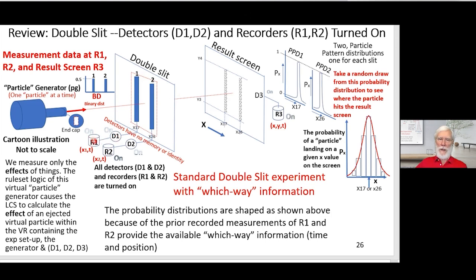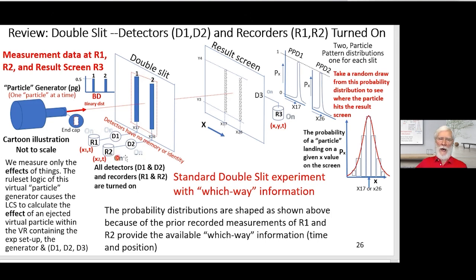It records the fact that it was slit 1. In other words, X, this is the X axis down here going this way. So it occurs at this X and the time, T. So we know the time that the particle went through it and that it went through slit 1. And same over here. If a particle goes through slit 2, this detector detects it and it records that particle went through that slit at this time.